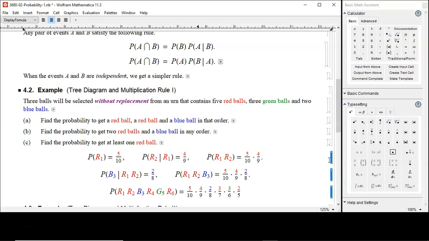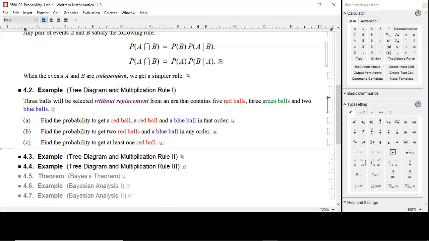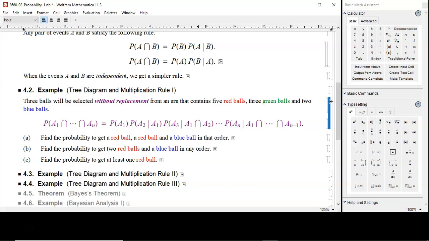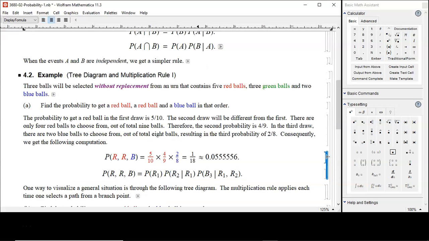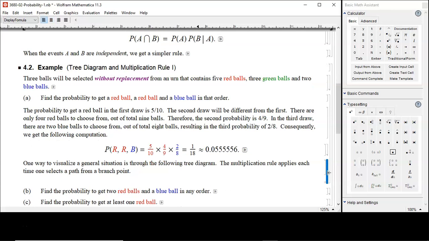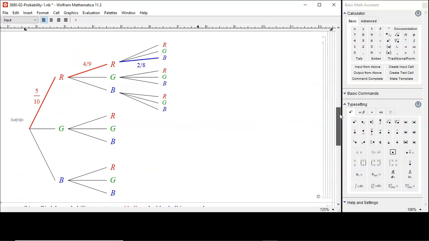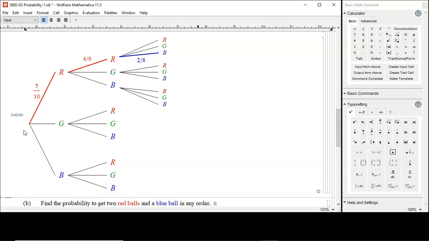Now, one way to visualize all this is a tree diagram, which looks like this. From the first, I follow a path, and that path is actually the conditional probability, but the very first one is the original probability, no difference there. And from here is conditional probability. So one red ball is out.